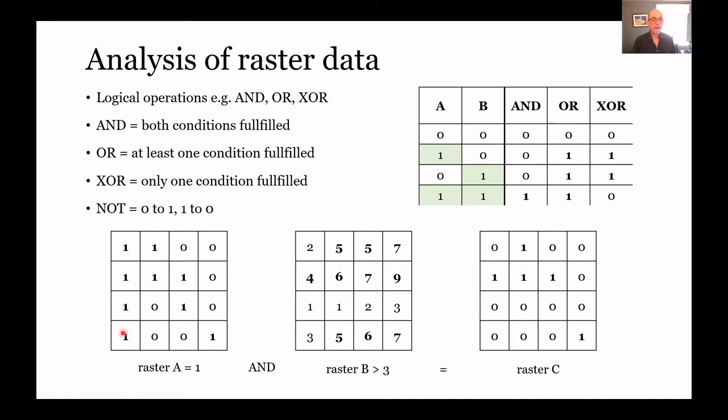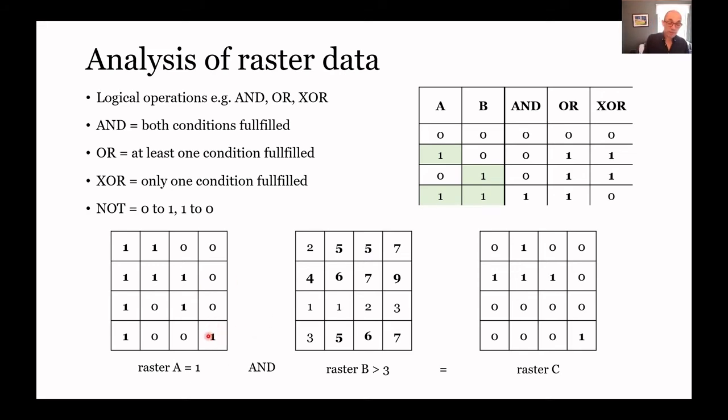So, continuing with our analysis, we can return again to the idea of logic, the and the or, and we can apply these to raster as well. We can, for example, as illustrated here, have one raster that represents one type of data. This is essentially the mask again.